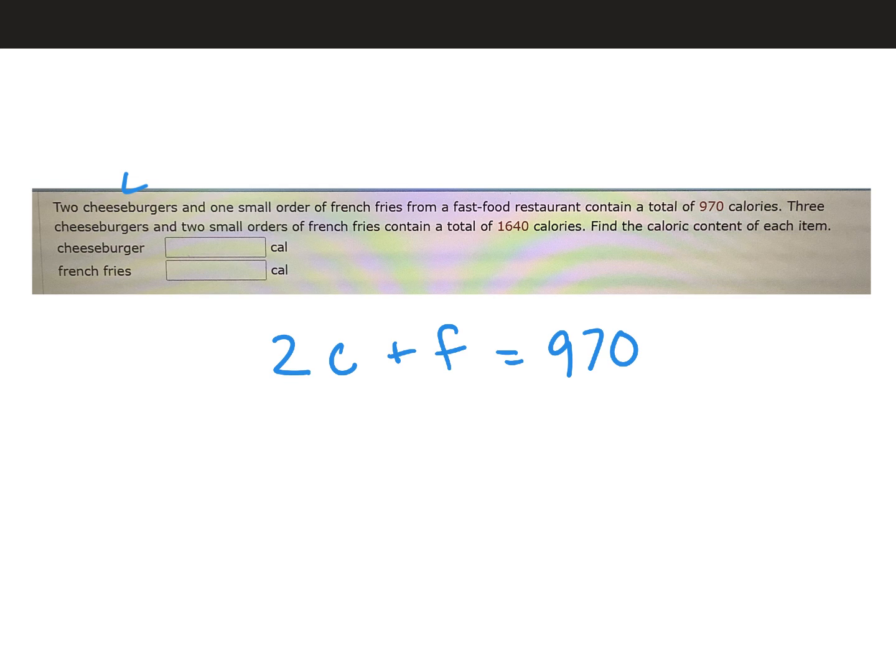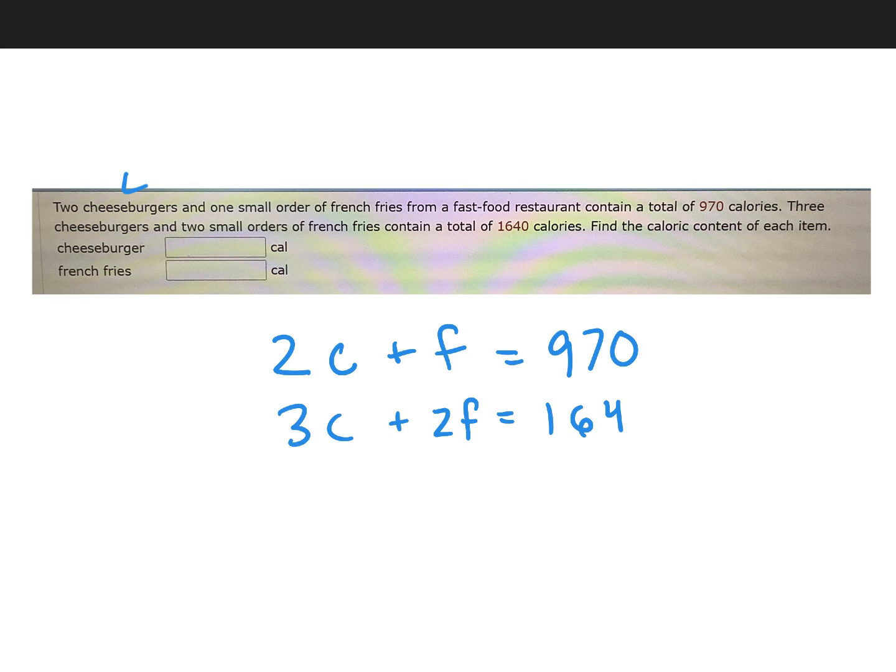What will my second equation be? It's saying you have 3 cheeseburgers, so why is it just 3? Because I have to multiply it by whatever the calorie count of the cheeseburgers are, because I'm finding how many calories.